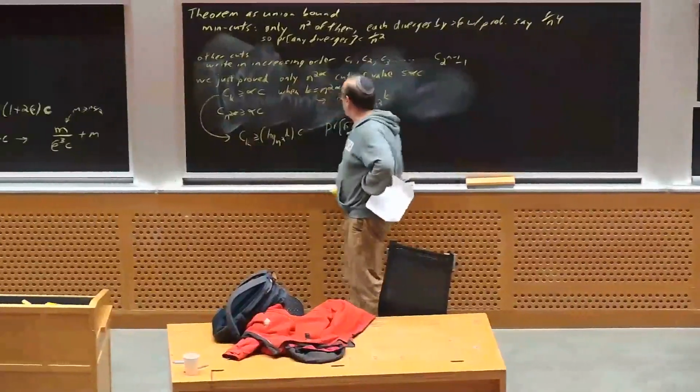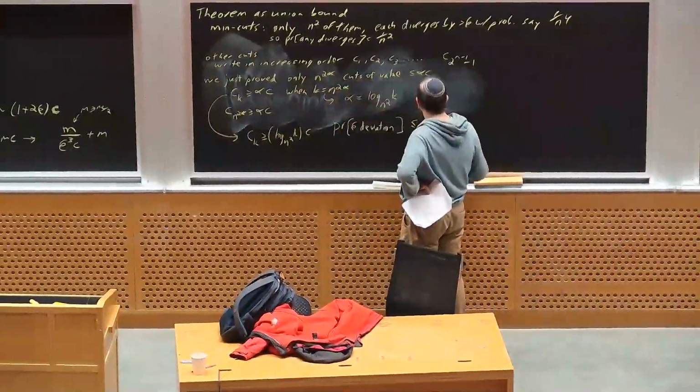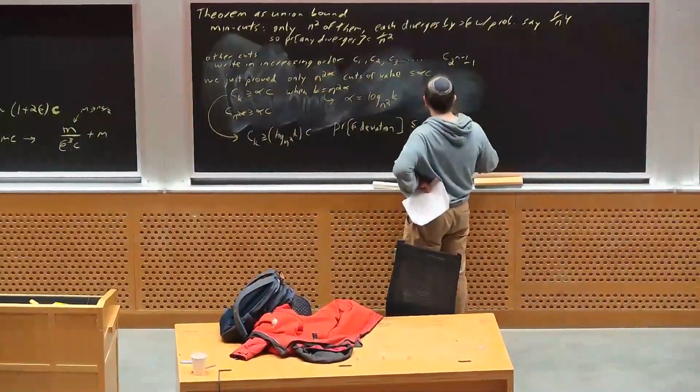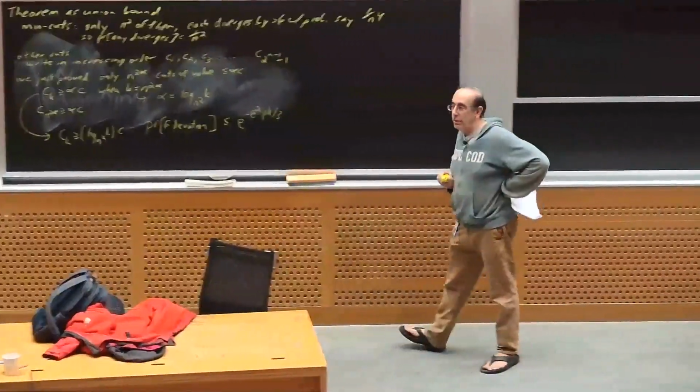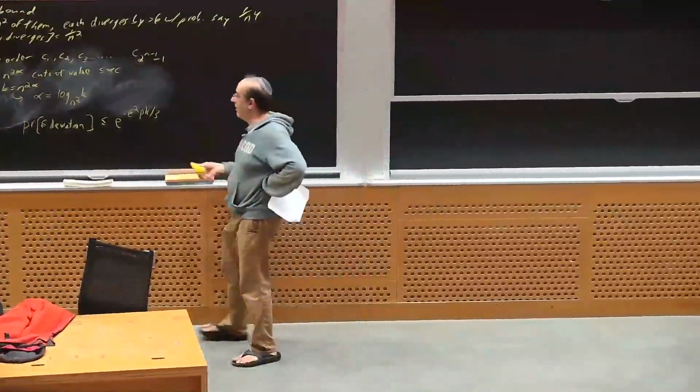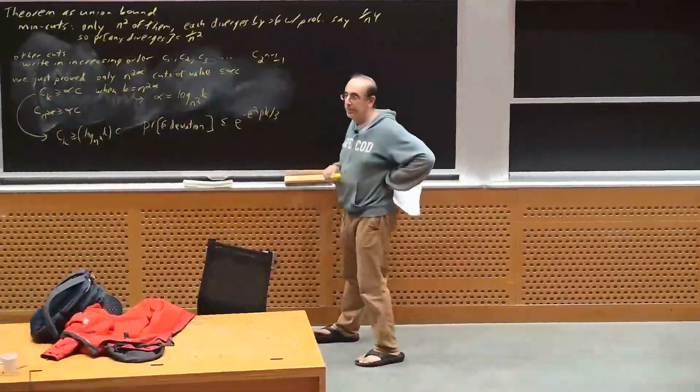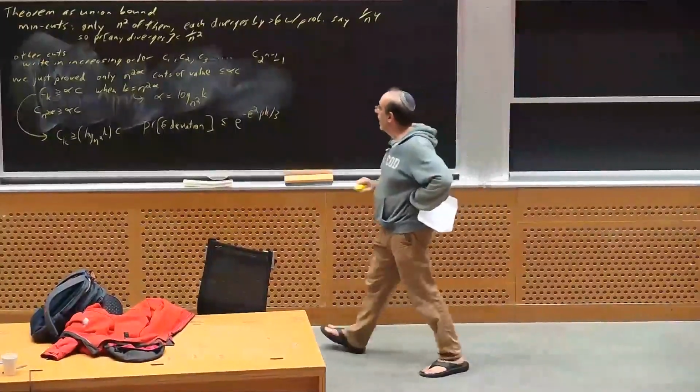The expected value of this cut is P times ck, which means that the probability of deviation by epsilon can be Chernoff bounded. Sorry, ck.